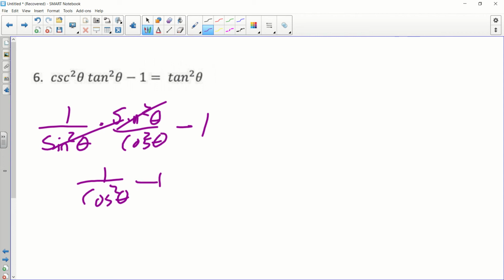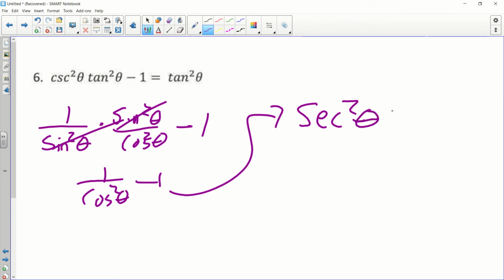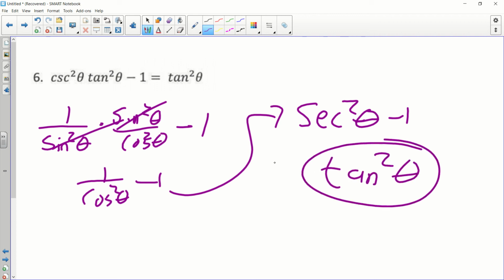1 over cosine is the reciprocal of secant, so 1 over cosine squared is going to be secant squared. And secant squared of theta minus 1 is equivalent to the tangent squared of theta. So this is a Pythagorean identity, secant squared minus 1.